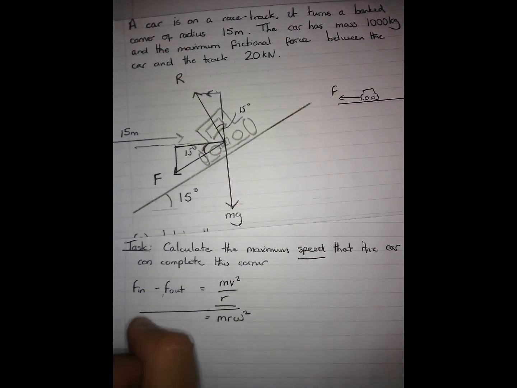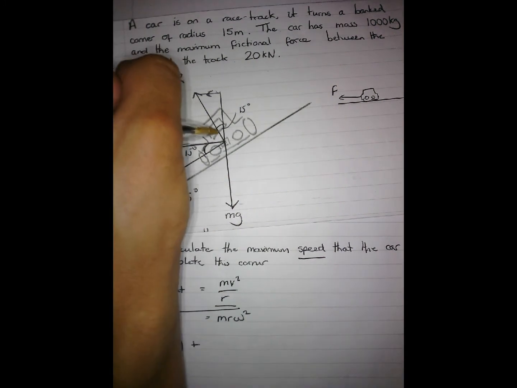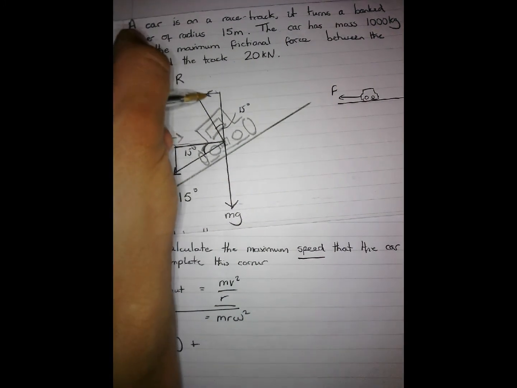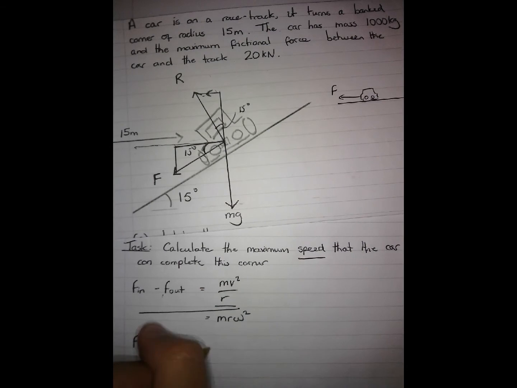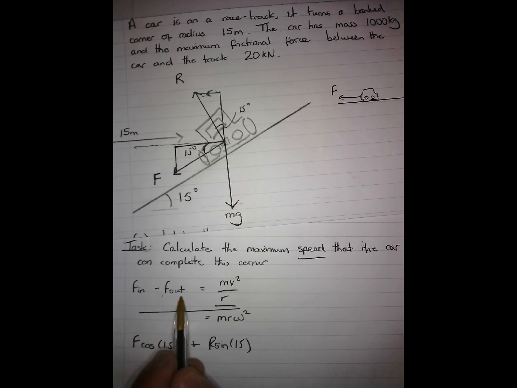So we're going to add that. What is it going to be? Is it r cosine or is it r sine? It's the opposite side we're interested in, so it's r sine 15. And that's then going to be subtracted from the force out.